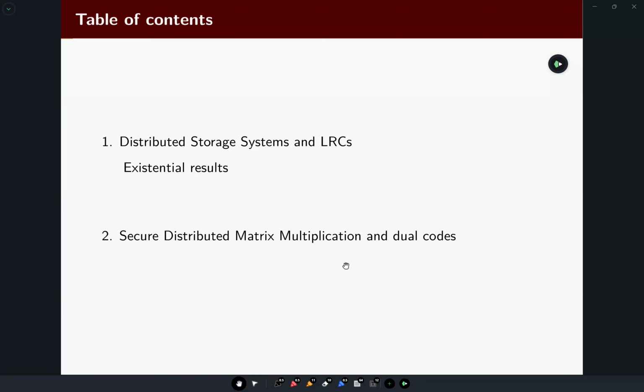The first one, as I told you, is distributed storage systems and locally recoverable codes. In particular, we will speak about existential results, and we are also going to see how we can apply Galois theory to further investigate other aspects of these topics, like secure distributed matrix multiplication.